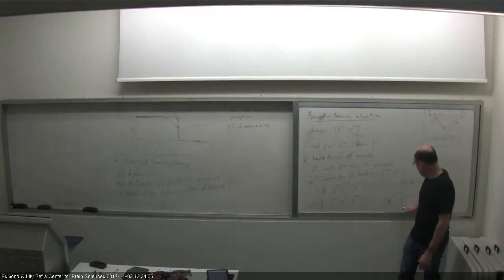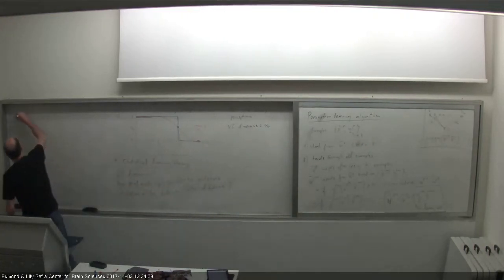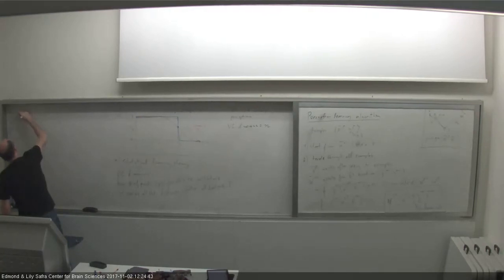You can see that if you take Wt plus 1, so classifying correctly, what we want is Wt plus 1 times xt plus 1 to be the same as yt plus 1, so that they have the same sign.